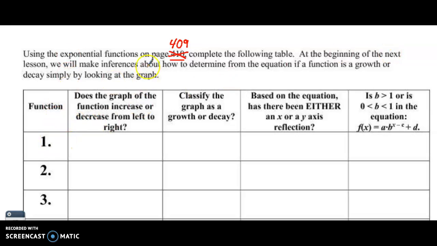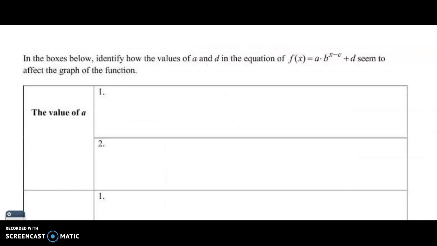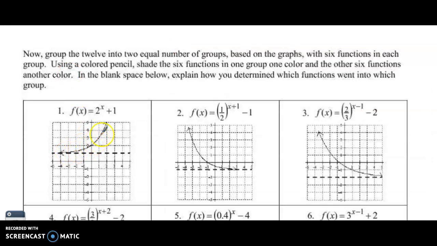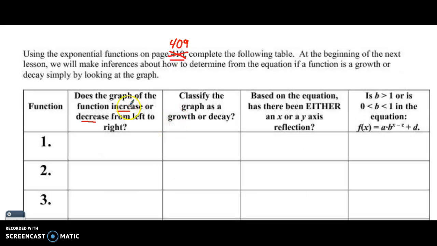So in number 1 from that function, it's asking if it's increasing or decreasing. And we always read the graph left to right, so that's a redundant statement. So as we go back to that problem, it's increasing. So that was exponential growth. What they're trying to get you to recognize is a couple things. Do we have 0, 1, or 2 reflections?